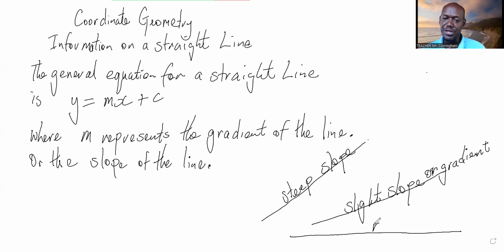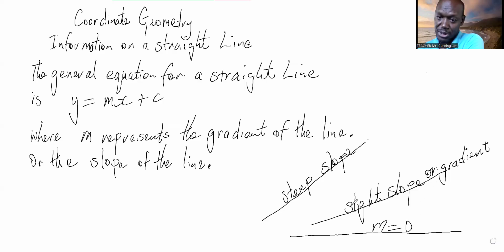What would that gradient be equal to? Udiah, what's the gradient of a horizontal line? I've put you on the spot, Udiah. What do you think? 0. That's correct. So the gradient is 0.